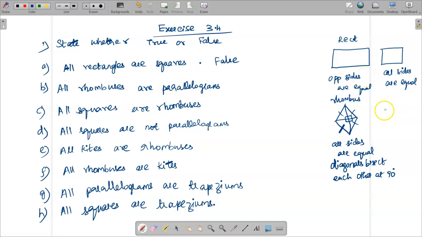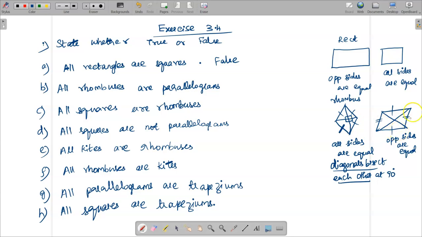What about the parallelogram? Parallelogram means opposite sides are equal, and the diagonals also bisect each other, but not at 90 degrees. So they are asking whether all rhombuses are parallelograms.